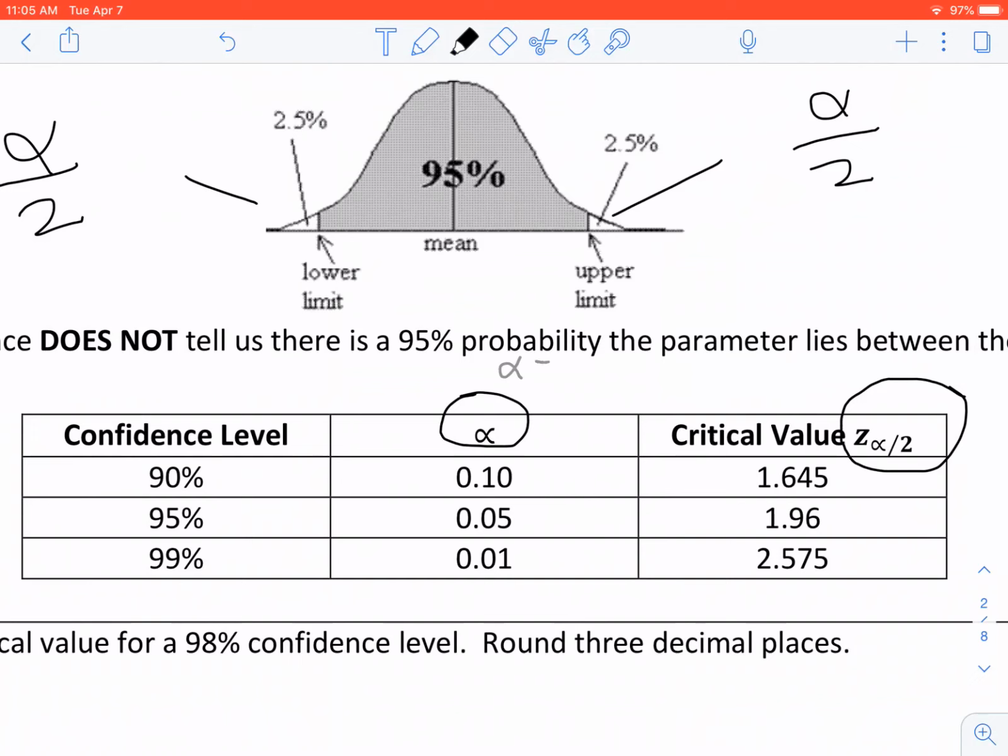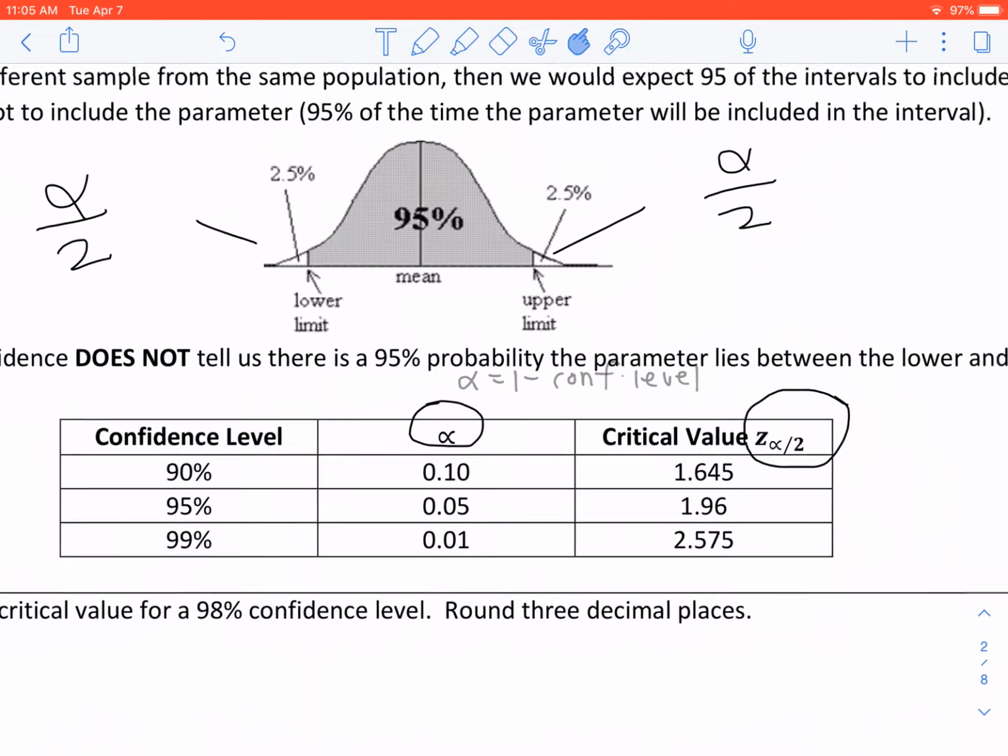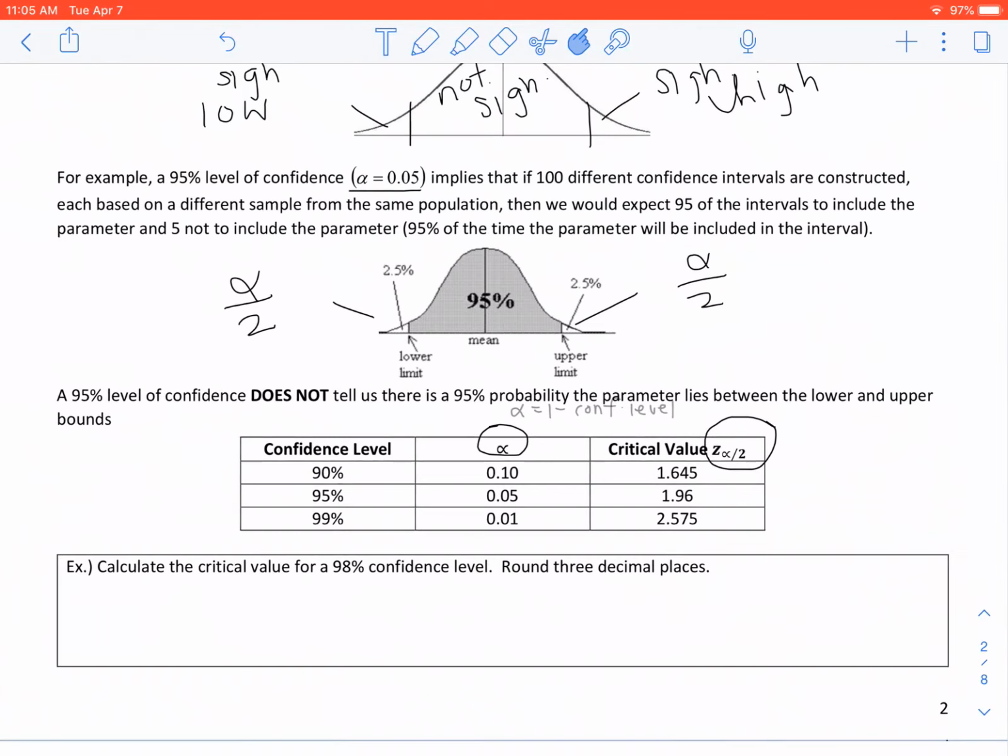So alpha equals 1 minus confidence level. If you're 95% confident, it'd be 1 minus 0.95. These are the most used ones. I usually would have this given to students on an exam. It wouldn't be something that they have to have memorized.